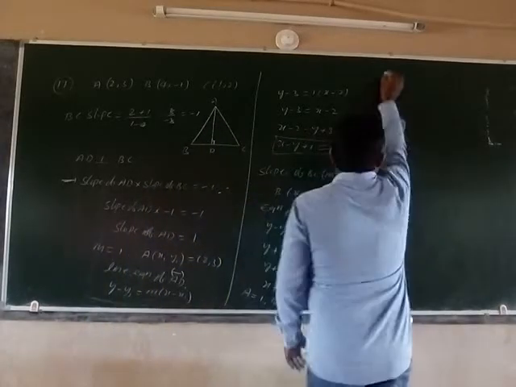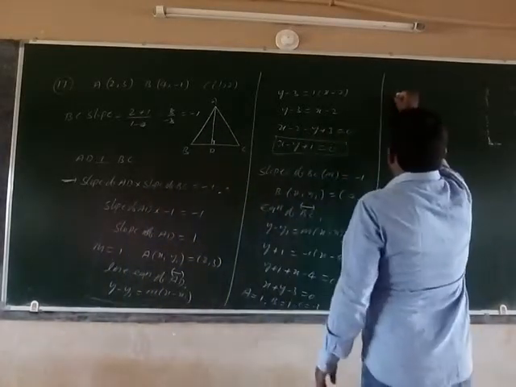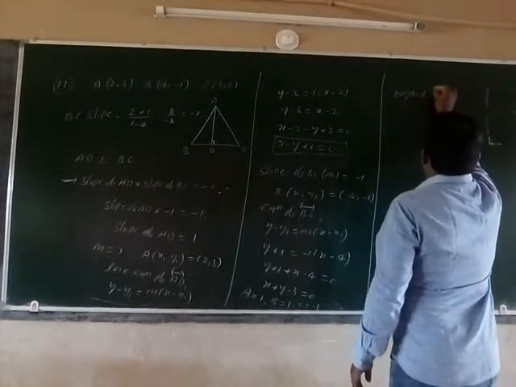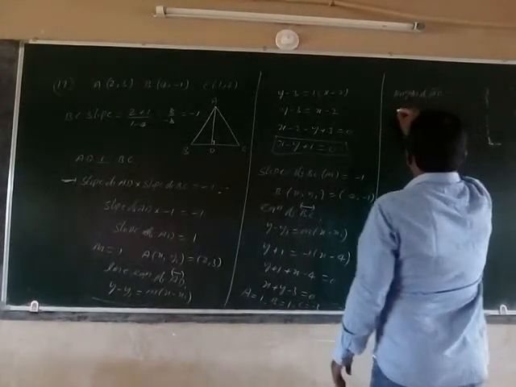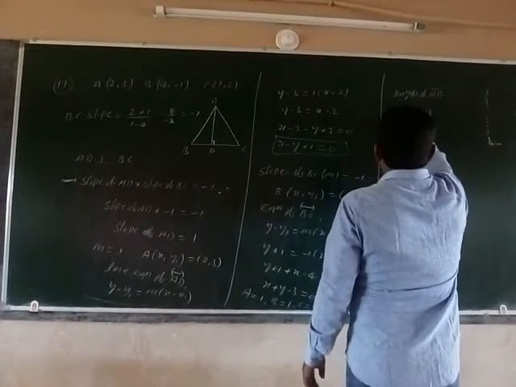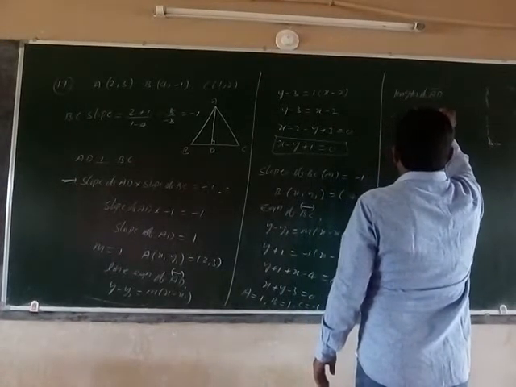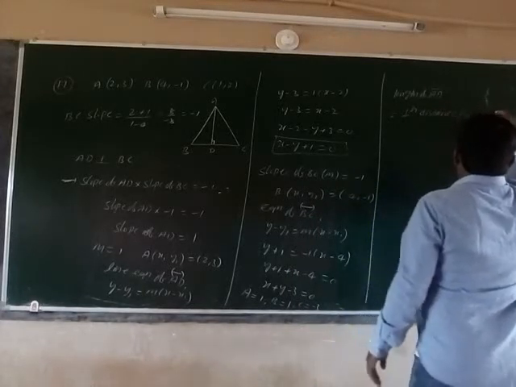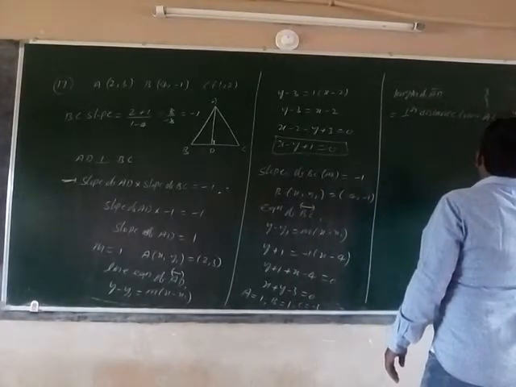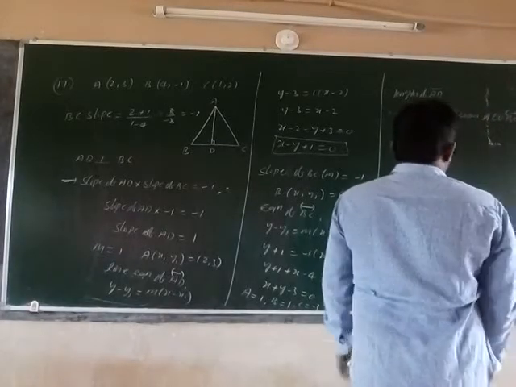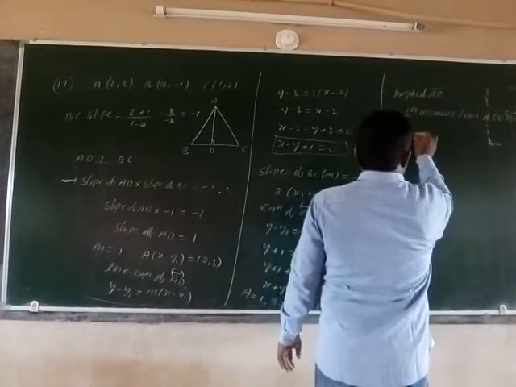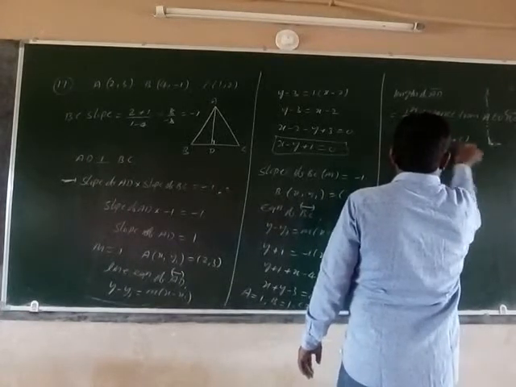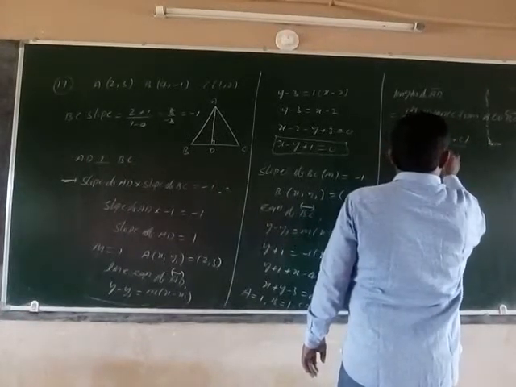Now finding the length of AD. The length of AD is nothing but the perpendicular distance from A to the BC line. That is the formula: mod of ax1 plus by1 plus c, by the square root of a square plus b square.